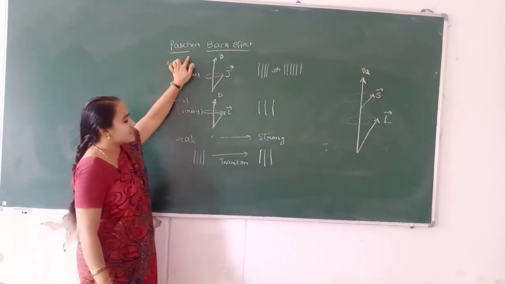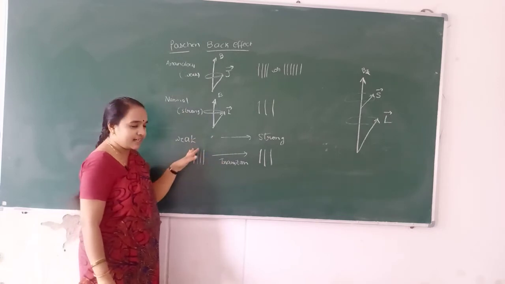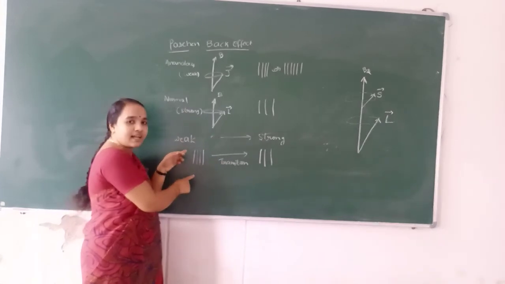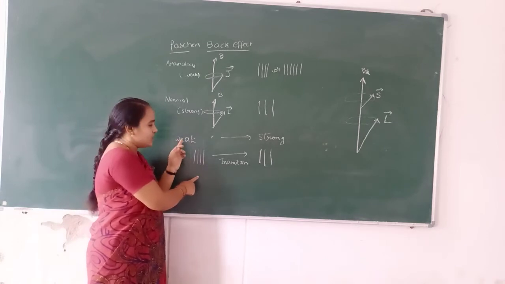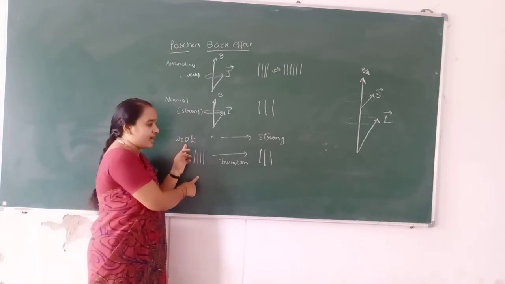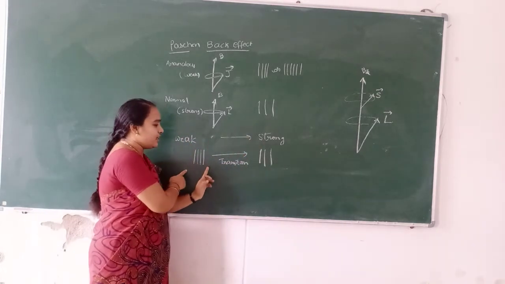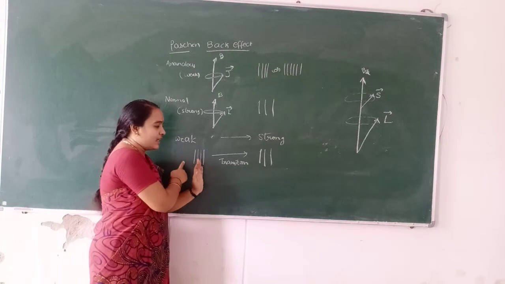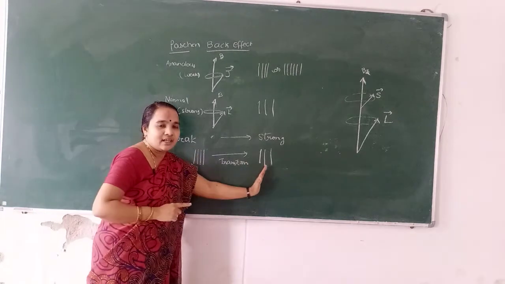So what is the Paschen-Back effect? When an atom is placed in a weak magnetic field, each spectral line will be split up into more than 3 components. If you increase the strength of the magnetic field from weak to strong, this splitting of spectral lines will be converted from more than 3 components into 3 components.